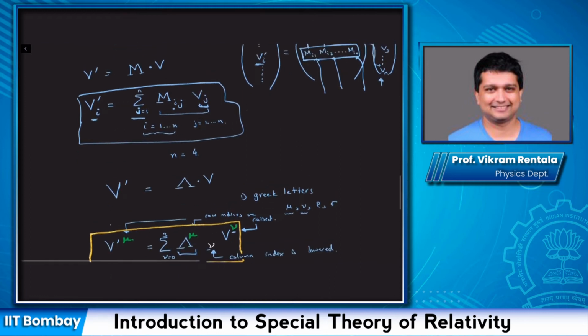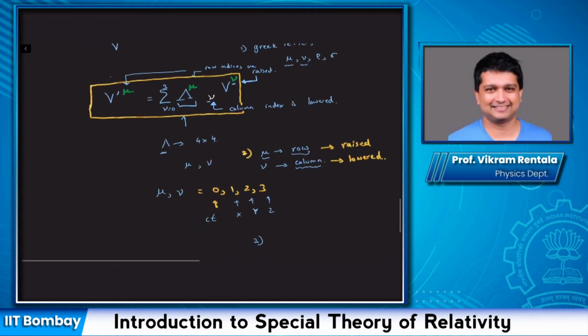Whenever we do this, we will always be summing over nu, because in that case we will be taking a matrix product. So we will drop the summation and assume that whenever we have one lowered index and one raised index which are the same, so the value of nu is the same as the value of nu, that means I have to sum over nu automatically.